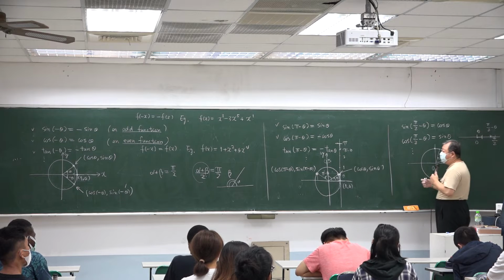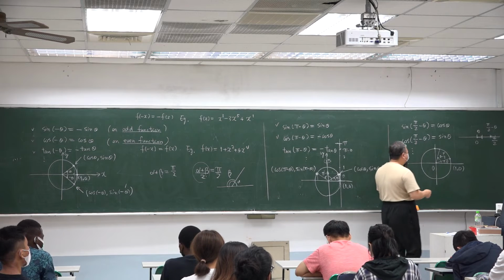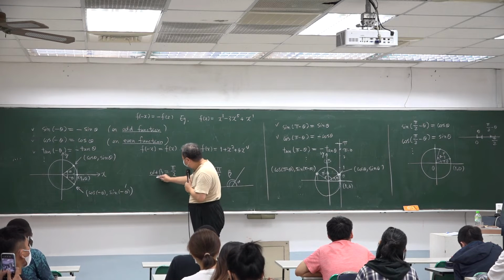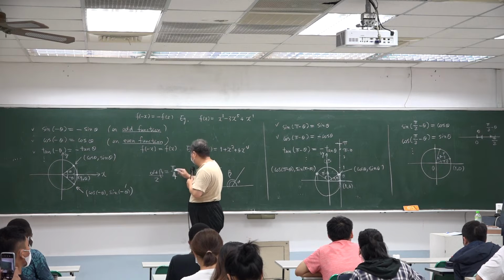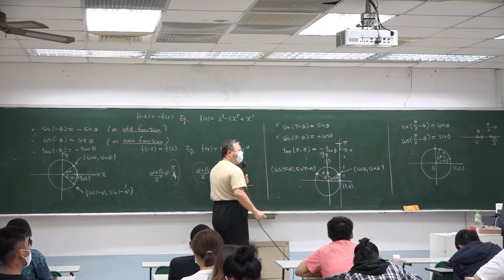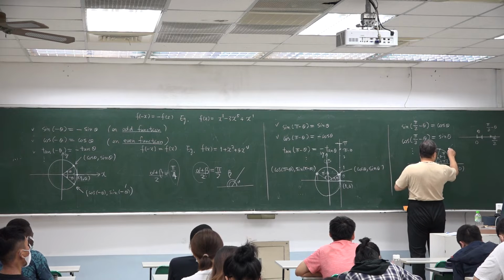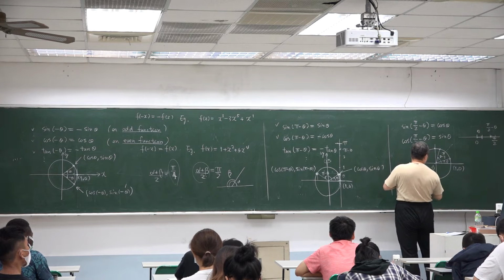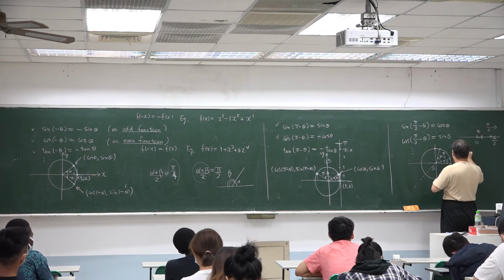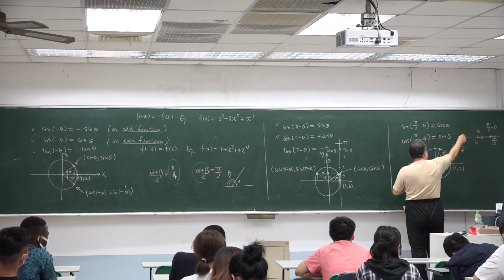This kind of addition is vector addition. So their mean is pi over 4, pi fourth. Pi fourth means here. But anyway, I mean these two points are always symmetric with respect to this straight line.